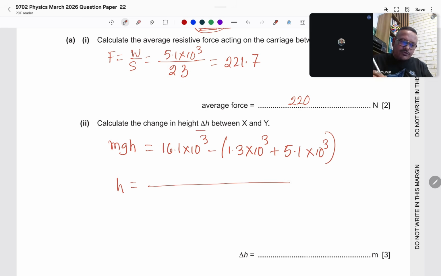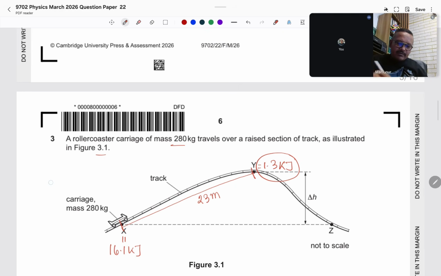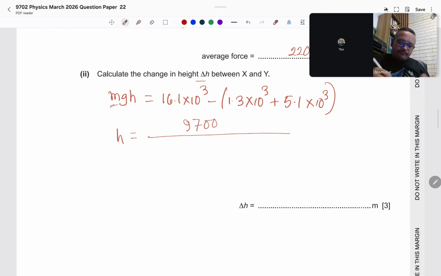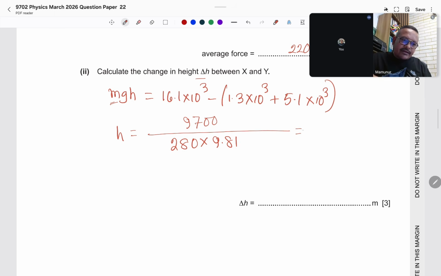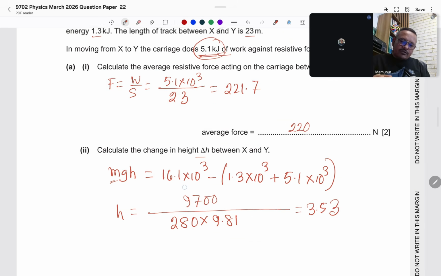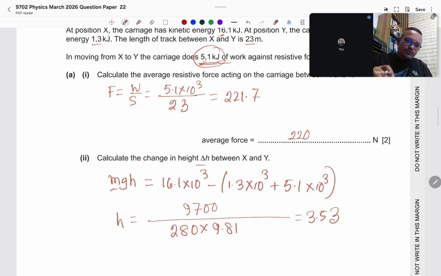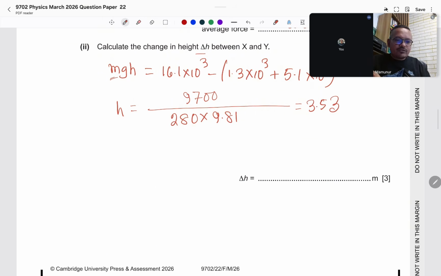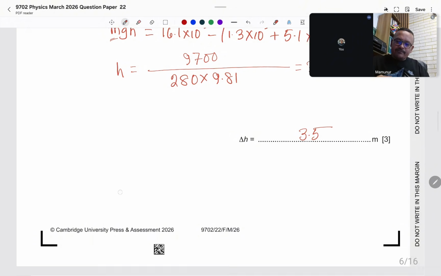So h equals 9700 divided by m. The mass is given, 280. So this is 280 into 9.81. I got the answer here, 3.53. Here also, maximum there are two significant figures, so the answer will also be in two significant figures. It will be 3.5 meters.